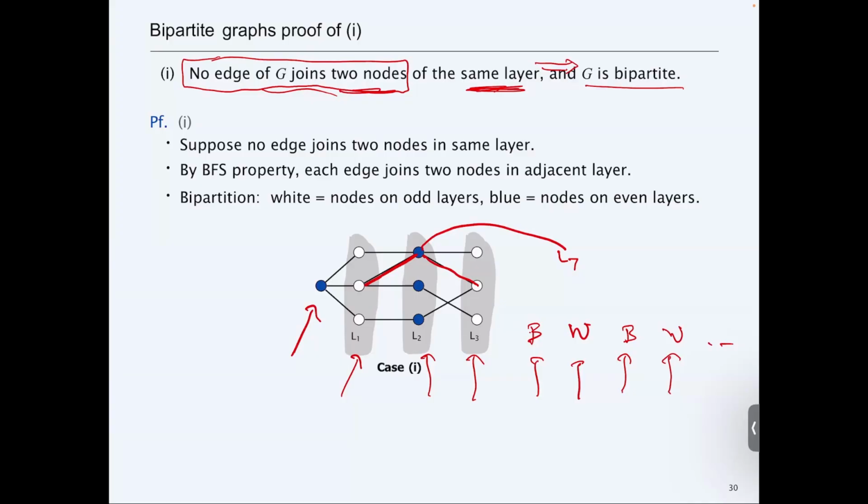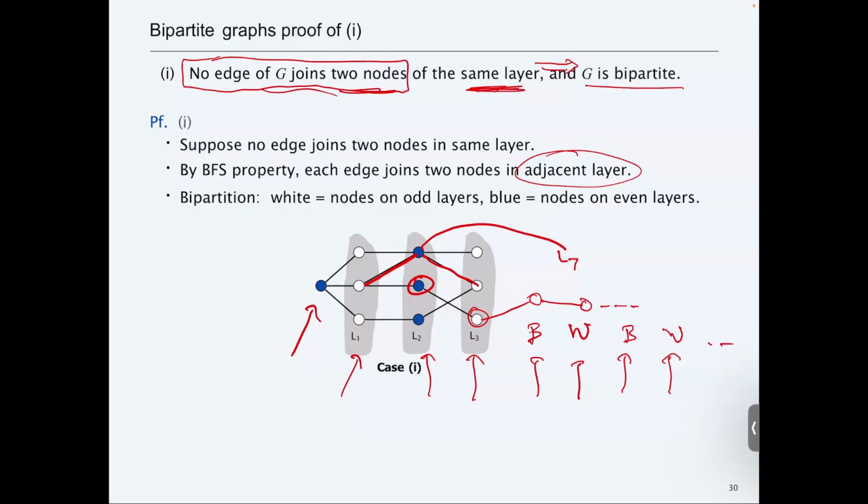Since every edge is going between adjacent layers, every edge is automatically connecting to an opposite color. Blue is connected to white, white is connected to blue, blue is connected to white, and so on. So this is producing a valid bipartite coloring. And since we have a valid bipartite coloring, the graph is bipartite.